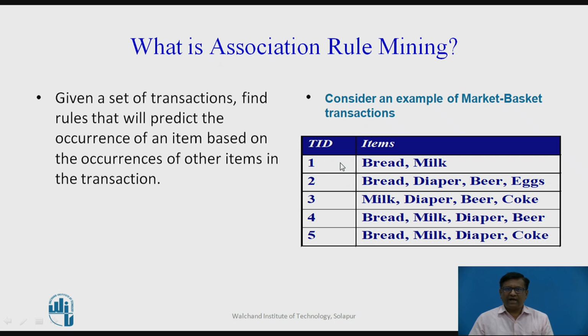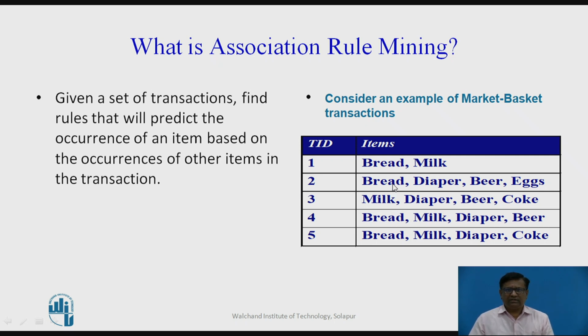That means out of 5 transactions, just by observing, we find an association of the bread atom with the milk atom. Not always. In transaction number 2, bread is there but milk is not. In transaction number 3, milk is there but bread is not.